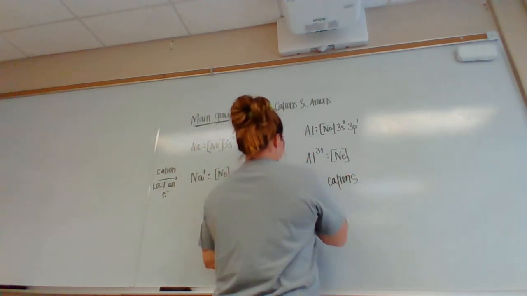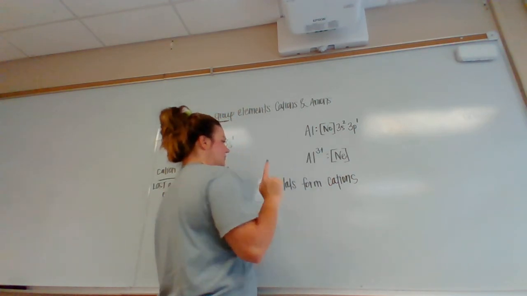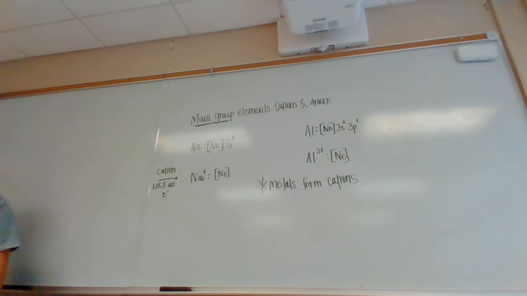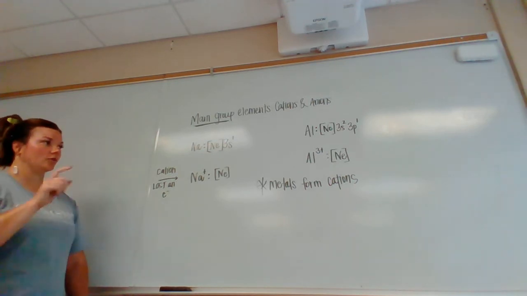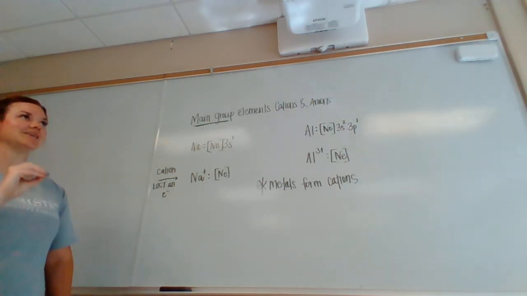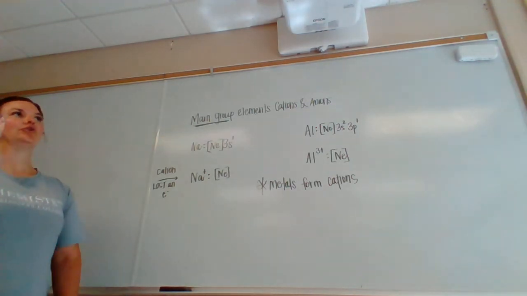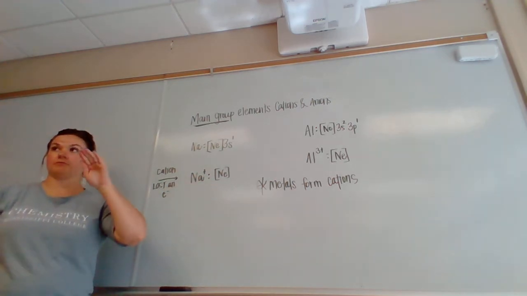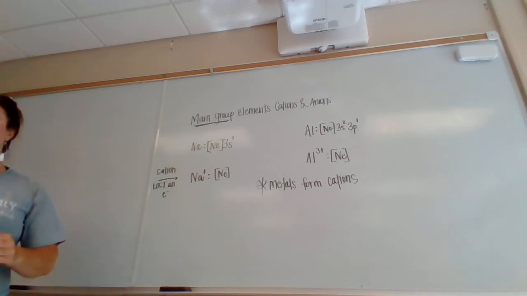So remember, metals form cations. Therefore, anytime you form a positive ion from a main group element, it is going to be like the preceding noble gas, the one right before it. That's what it wants to be.